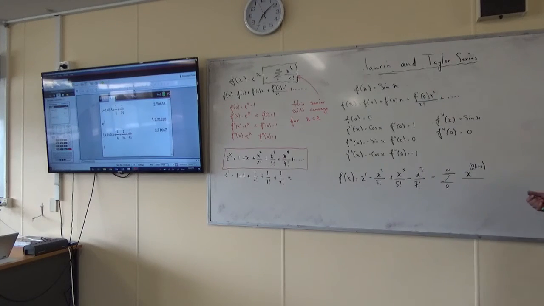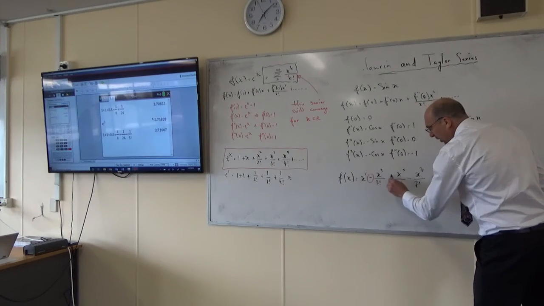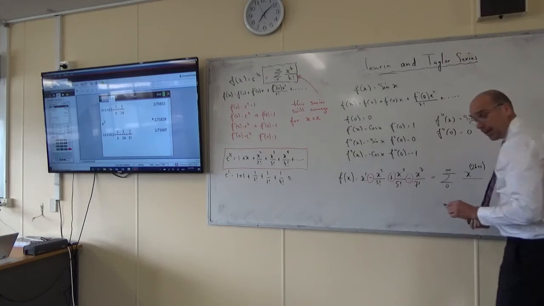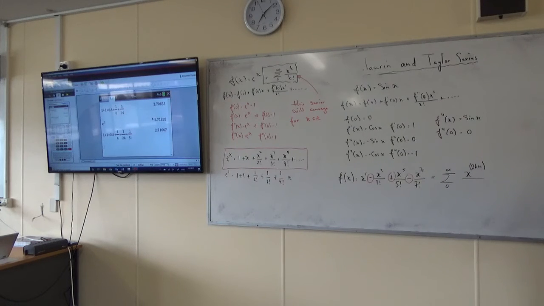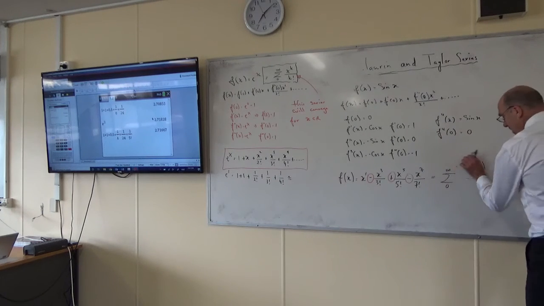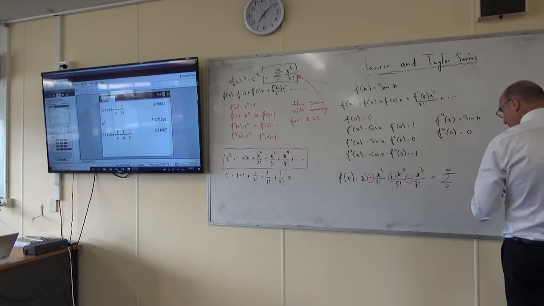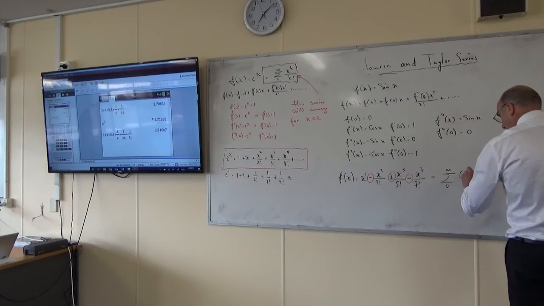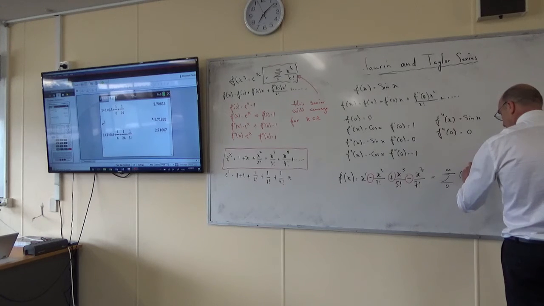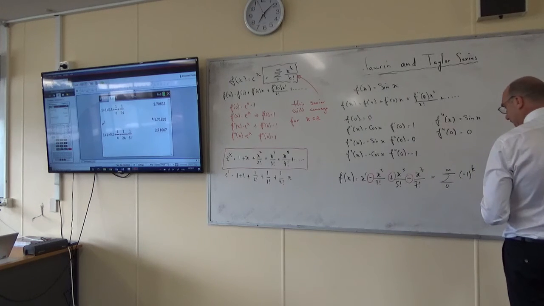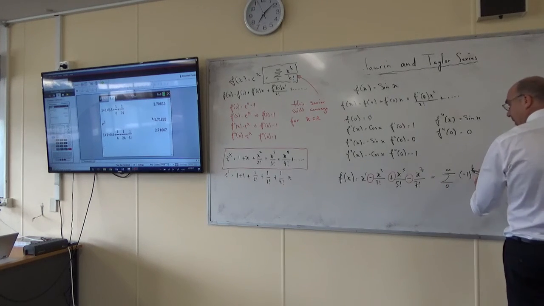Guess what we've forgotten to do? We need to add a sign generator on. So let's do the sign generator first. What's my sign generator going to be? Negative 1 to the power of k, is it? Yeah, that'll do. And so when that's 0, yes, that's going to work.